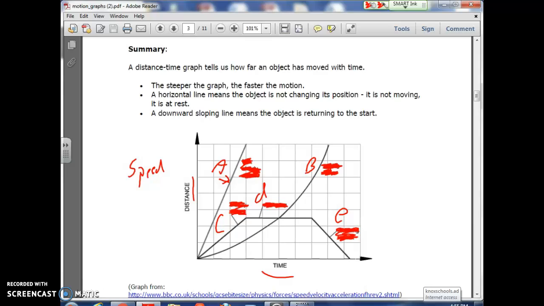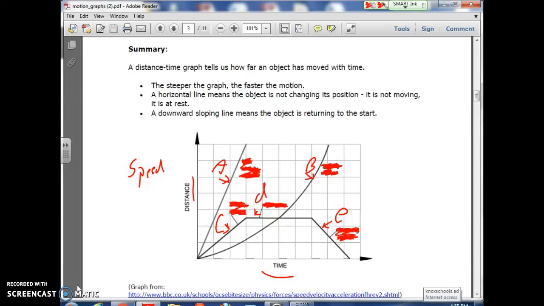So this is line A, B, C, D, and E. I want you to describe in your words, write it on your paper, what is happening at each of these spots. That would be a good time to pause the video, take a minute, look at it, figure out what you think is happening, and then come back and check here in just a second. So go ahead and pause and press play.